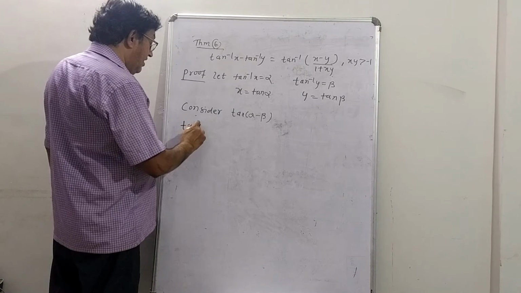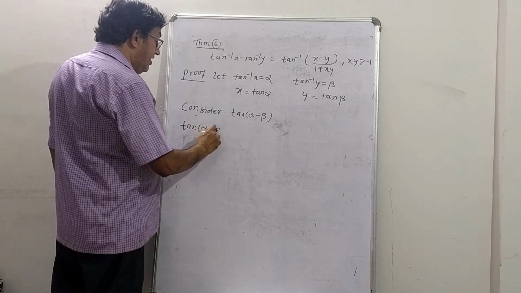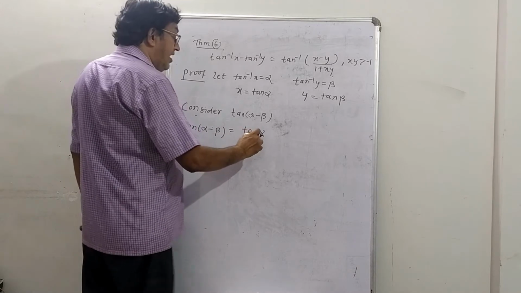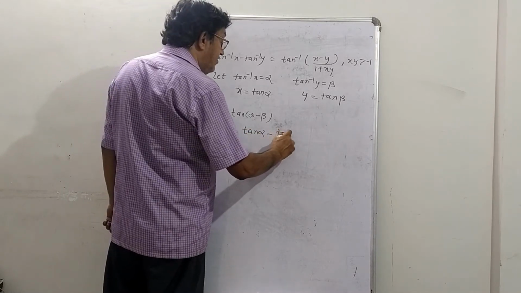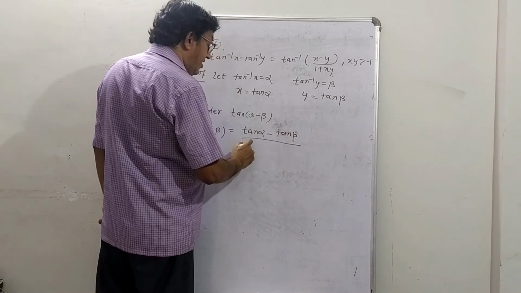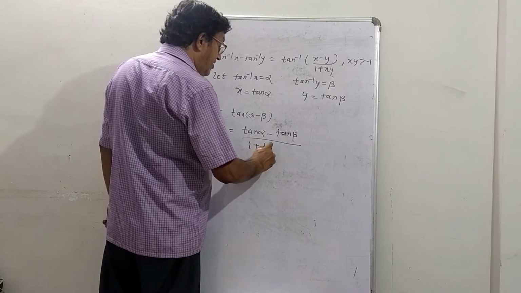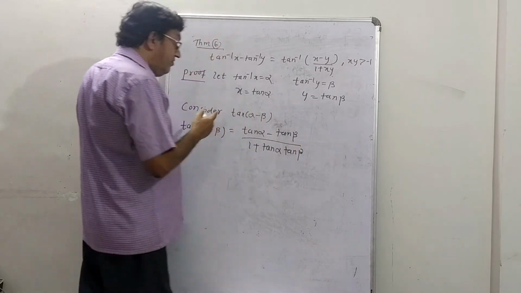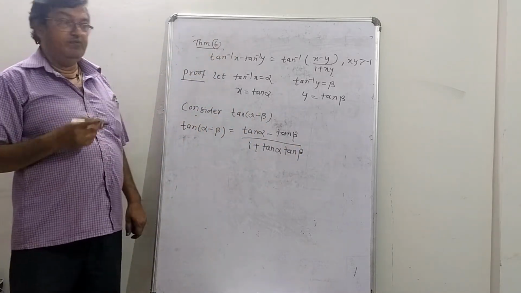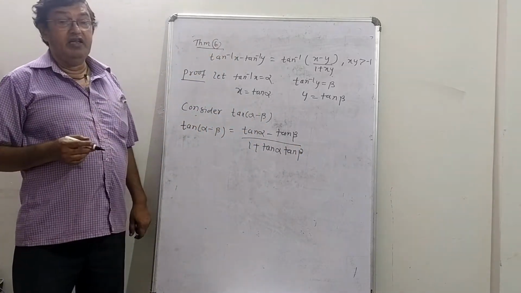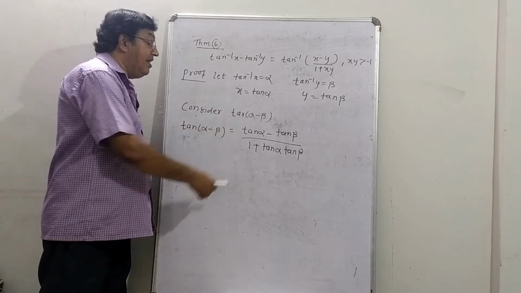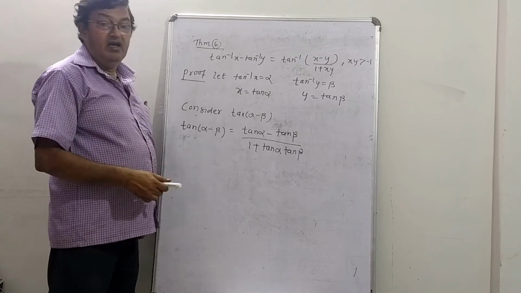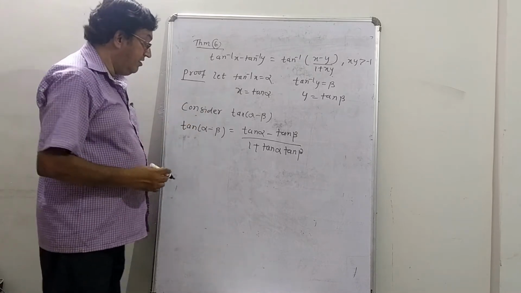First I will write that tan of (alpha minus beta) is (tan alpha minus tan beta) divided by (1 plus tan alpha into tan beta). This you have used in the form of tan of (a minus b). What is tan of (a minus b)? Tan a minus tan b upon 1 plus tan a into tan b. Instead of a it is alpha, instead of b it is beta.